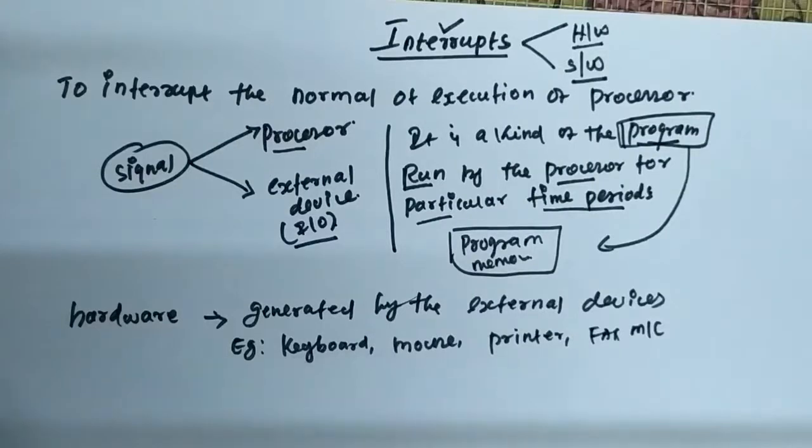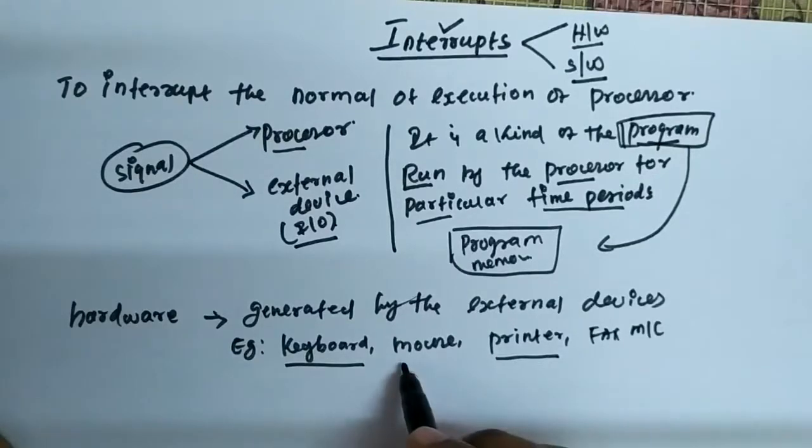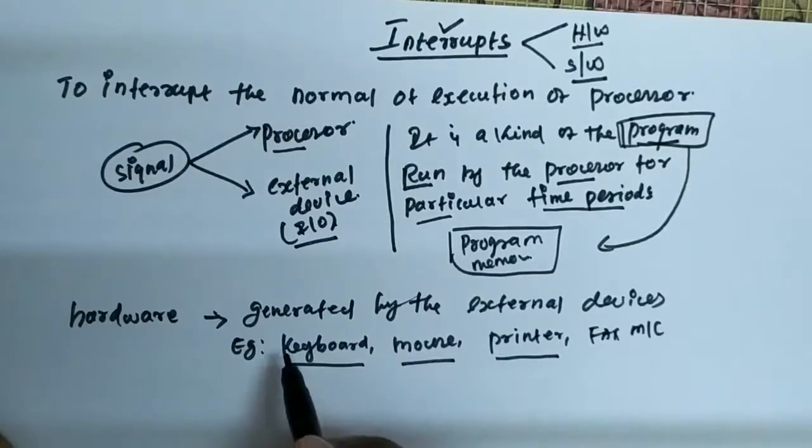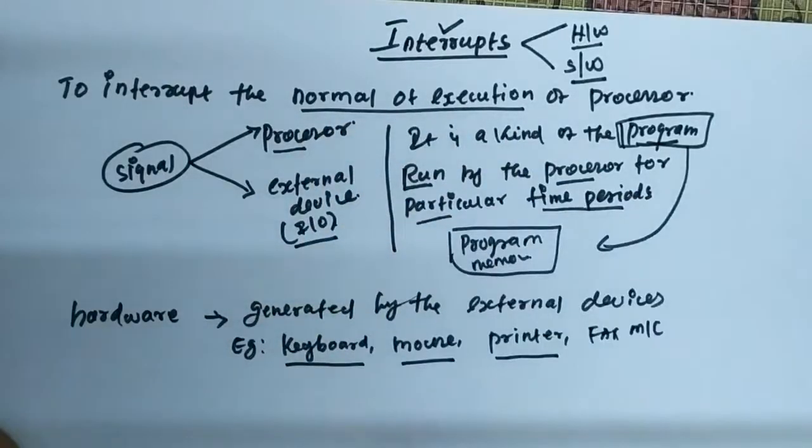That happens when my keyboard is not functioning properly, my printer is not able to print the document, or my mouse is not operating well. At that particular time, these input output devices generate the interrupt signal to the processor. That signal disturbs the normal execution of the processor. So this is known as hardware interrupt.